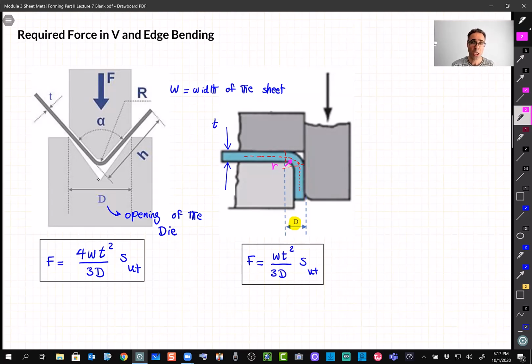All right? But again, that's a good point. If we exceed this force, then our stress is going to exceed SUT and the sheet is going to crack and fail. We don't want that. If we apply less force, then what's going to happen? We are not going to get to the bending that we want.